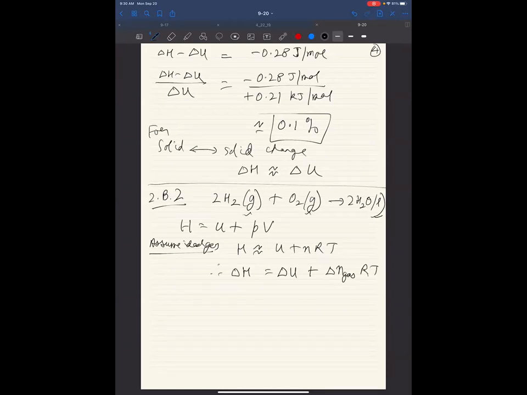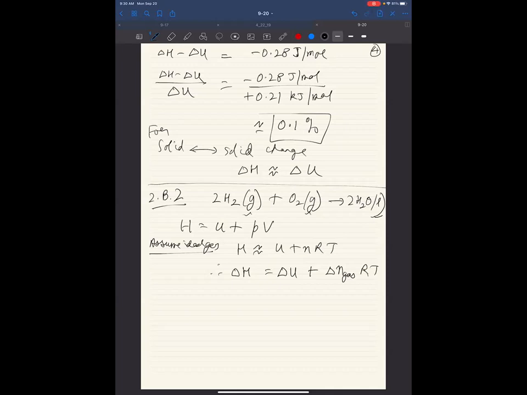approximately. Okay, so the number of moles of gas molecules that change during the course of the reaction will directly affect the enthalpy. In the first reaction that we saw, delta n gas was 0. There was no change. We got the answer for the first problem without invoking the ideal gas law.